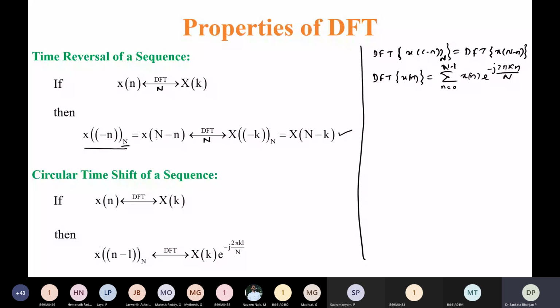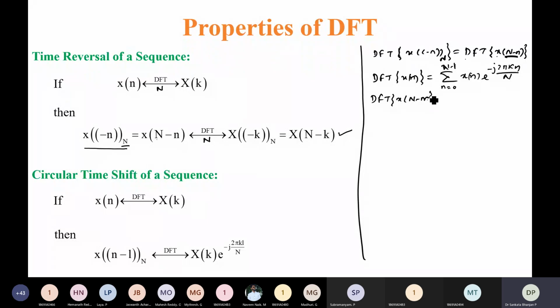So now what do you have to find out? The DFT of x of N minus n. How will we find this value? For your understanding, I'll change this variable, because it is only a variable change.